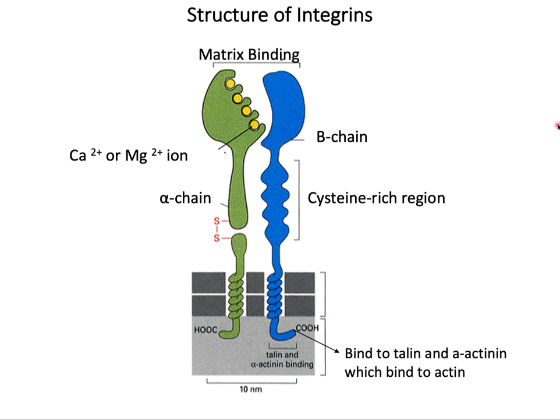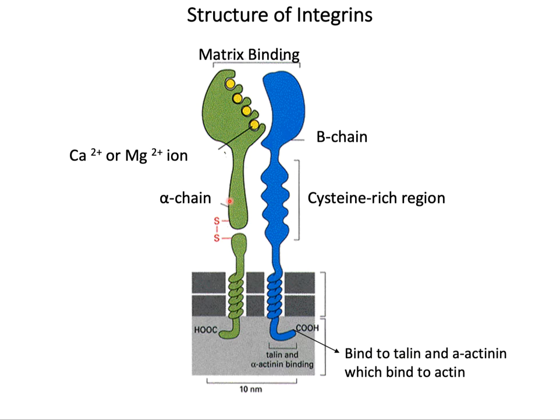Now, integrins are a very large family of proteins, but these proteins all have the same structure. They all have two subunits, an alpha subunit, shown on the left in green, which is a transmembrane protein. The alpha subunit or the alpha chain is actually in two parts that are connected by a disulfide bridge.